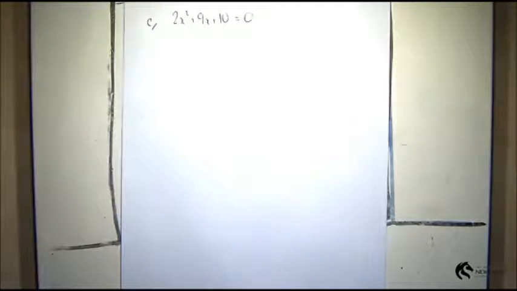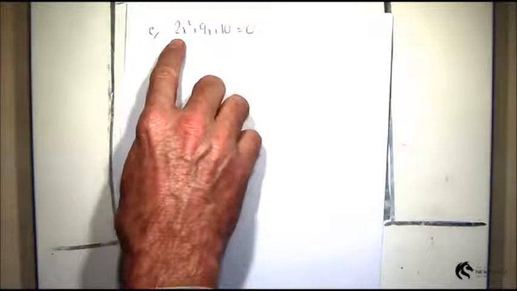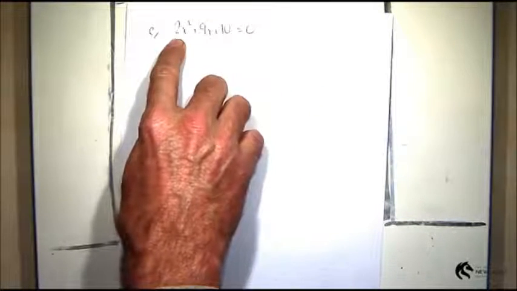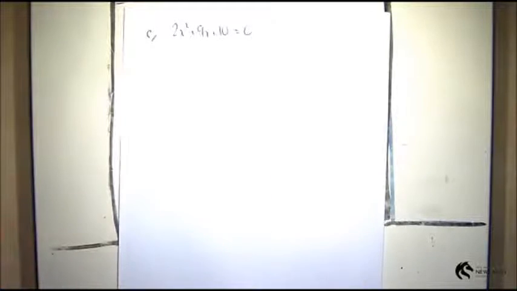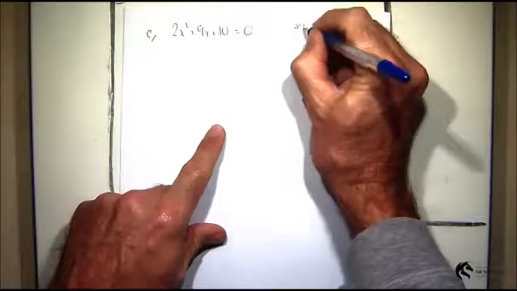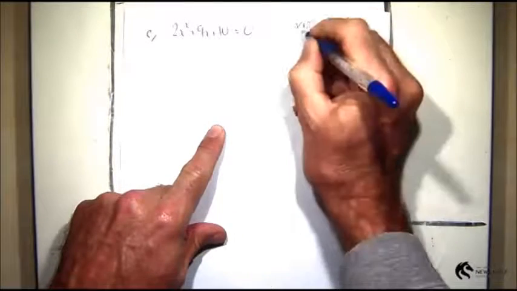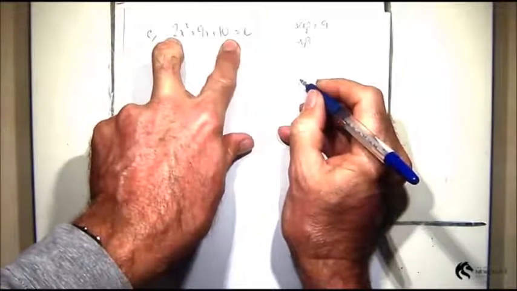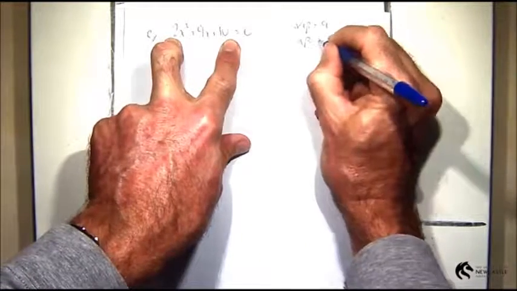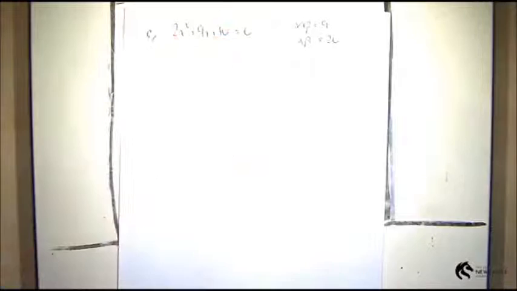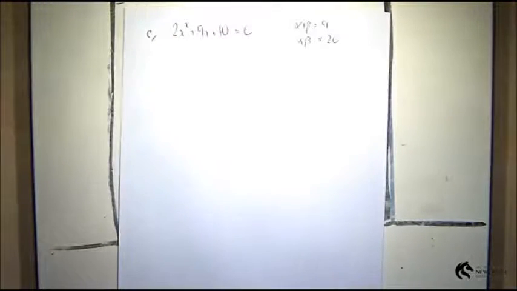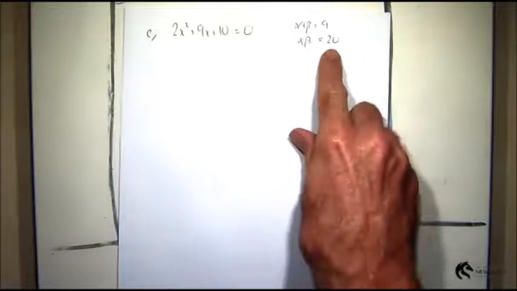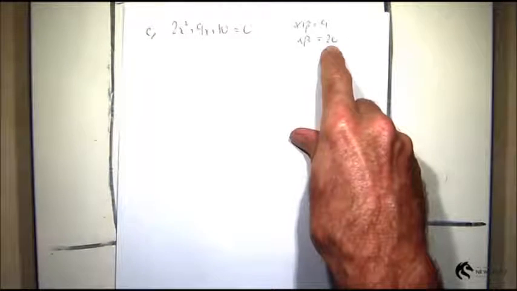In part C, we have a quadratic trinomial whose coefficient of x squared isn't 1. So in this case, I say alpha plus beta has to be 9, and alpha times beta, in this case, we want to be 2 times 10, so we want that to be 20 in here. So same sign, add to 9, looks like 5 and 4.